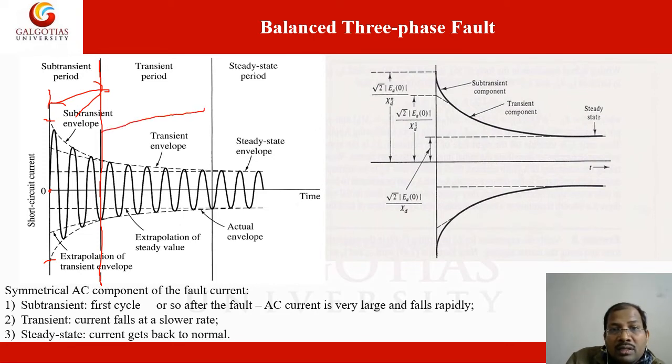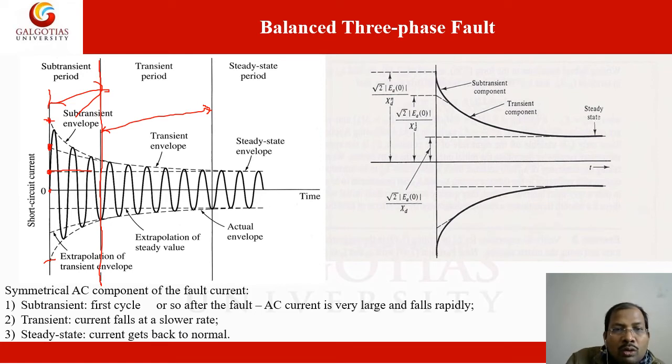After that, this period is called the transient period, and the reactance or impedance offered by the generator is called the transient impedance. The current flowing during this condition is called the transient current, and after that comes this current. This parallel dotted line is called the DC offset. This is called the transient current, and this is called the subtransient current.